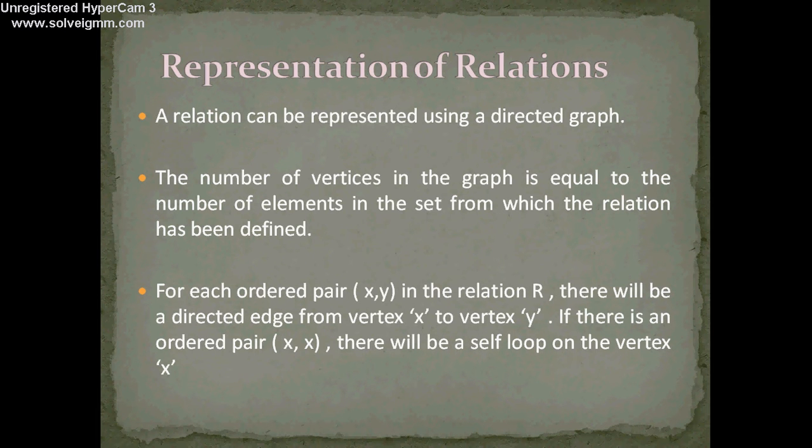For each ordered pair X, Y in the relation R, there is a directed edge from vertex X to vertex Y. If there is an ordered pair X, X, there will be a self loop on the vertex X. So in this way we can represent relations using digraphs.